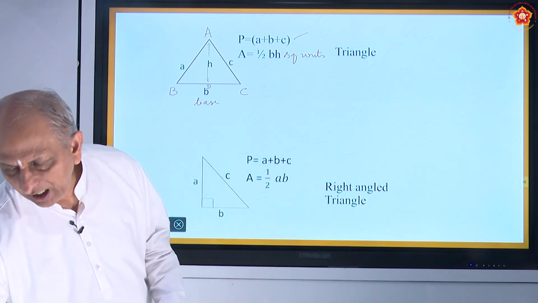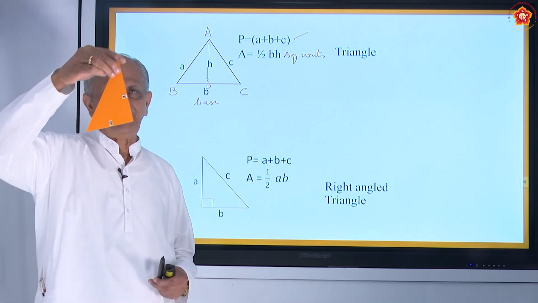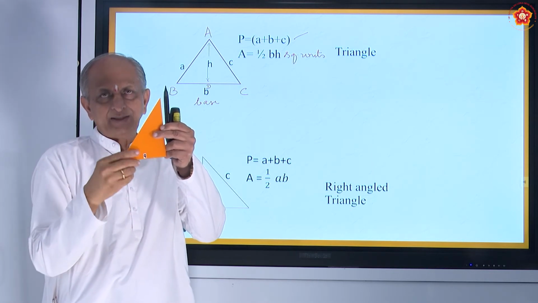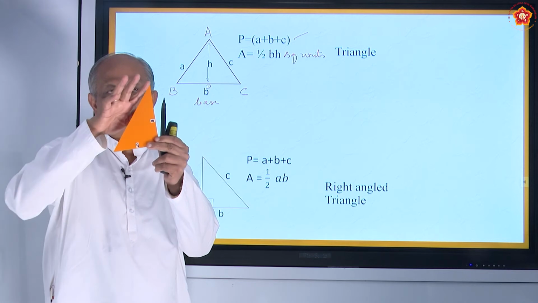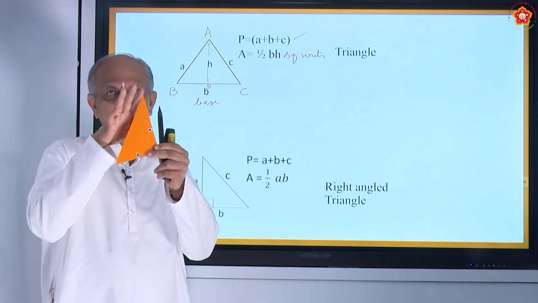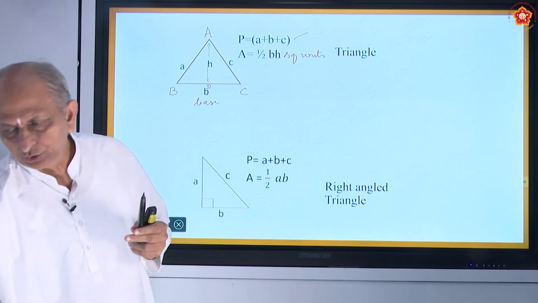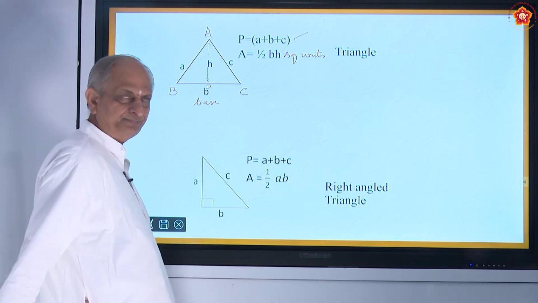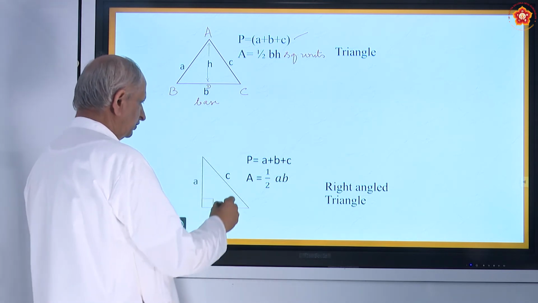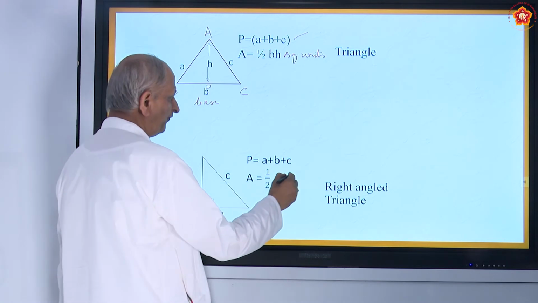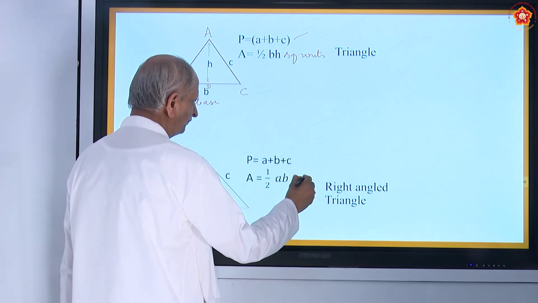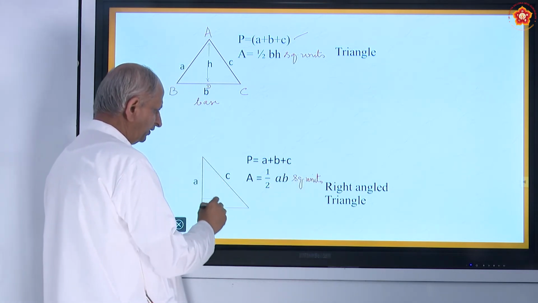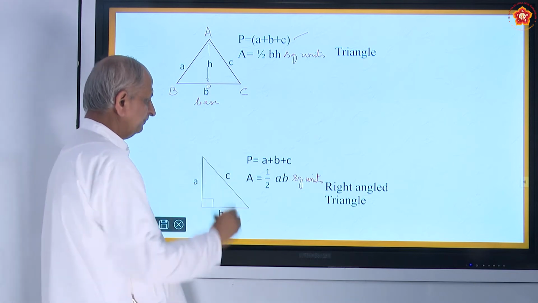In a right angle triangle, right angled here, this is the longest side, and that is called the hypotenuse. So in a right angle triangle you have b called base, a called height. So area is equal to half of ab, and perimeter is given by the formula a plus b plus c.